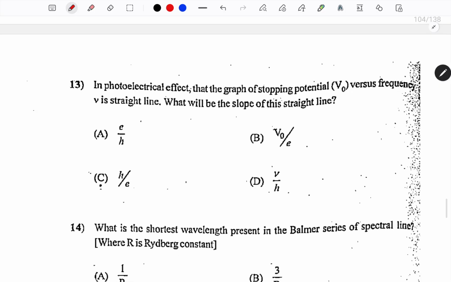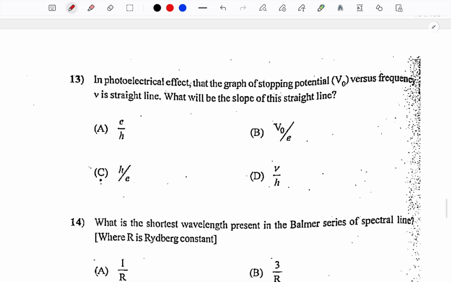Moving further, in the next question, what it says: in the photoelectric effect, the graph of stopping potential V0 versus frequency ν is a straight line. What will be the slope of the straight line? Okay, we know that for stopping potential, eV0 is equal to hf minus hf0.